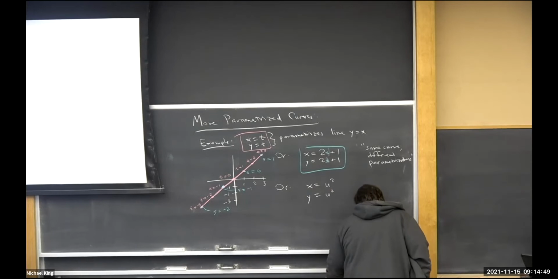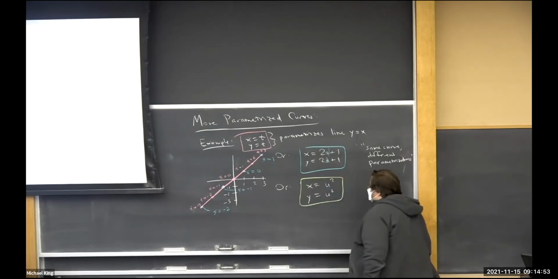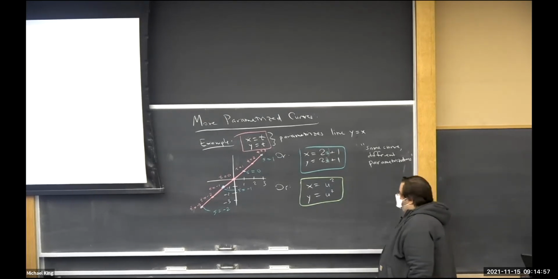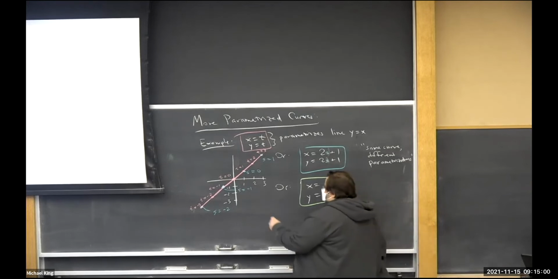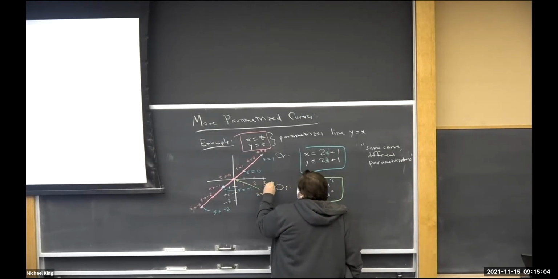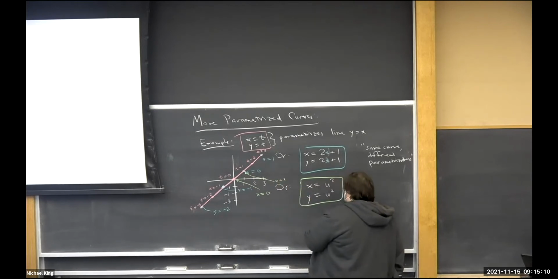Let me use green for this one. This picture is going to start to get kind of busy. Where's u equals 0? It's the origin, right? Where's u equals 1? Same thing as here. Where's u equals 2?